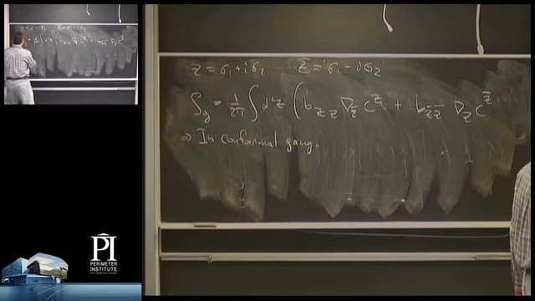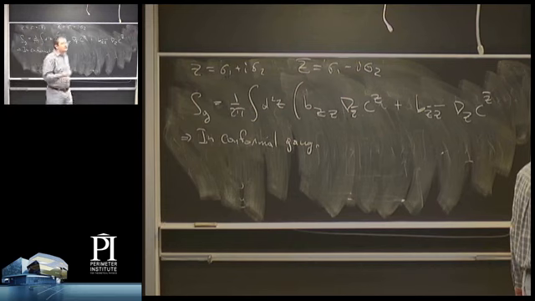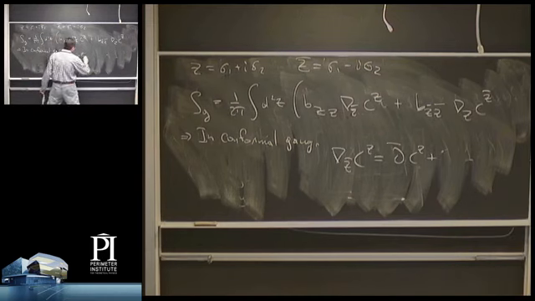So in conformal gauge, this is just a covariant derivative, and we can evaluate exactly what this covariant derivative is in conformal gauge. And it just so happened that nabla of Z bar of C^z.